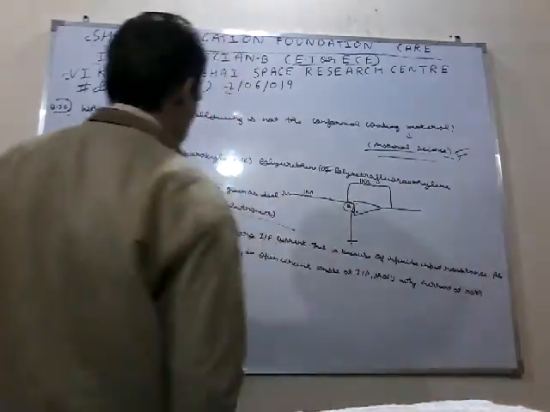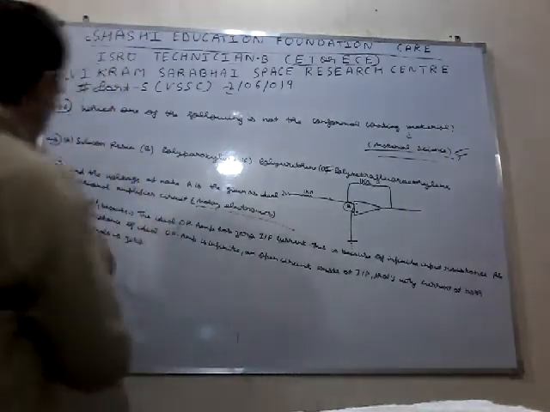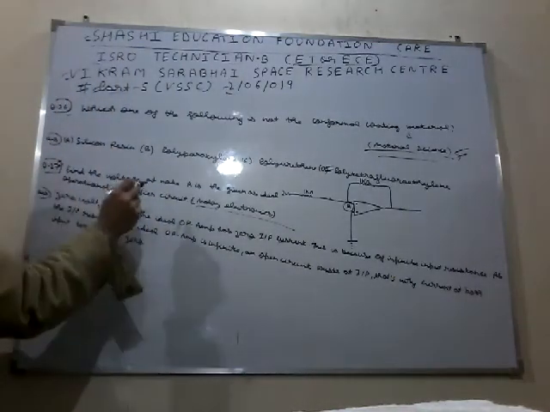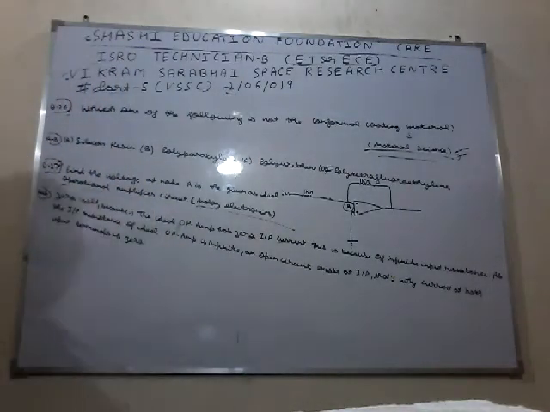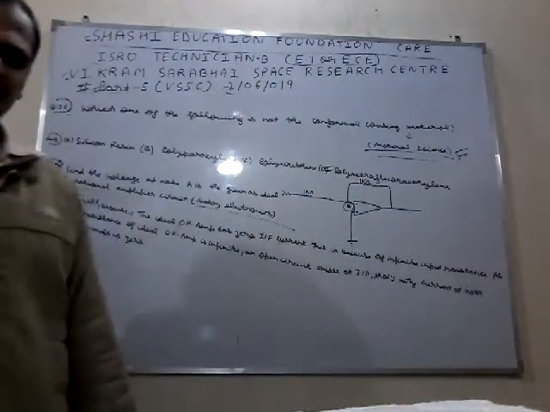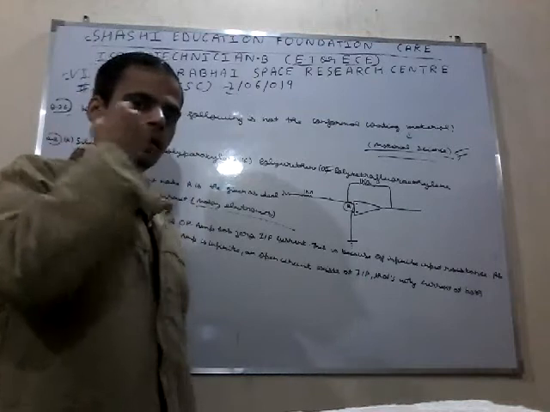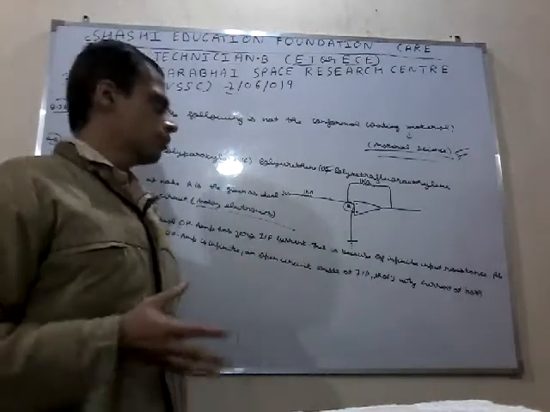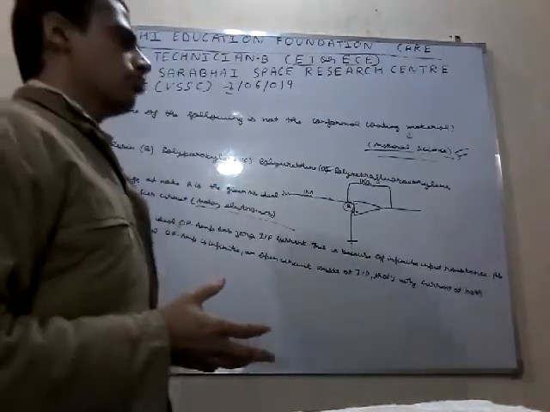This node is given as an ideal operational amplifier. Ideal operational amplifier means that you can't give any kind of supply to that amplifier.